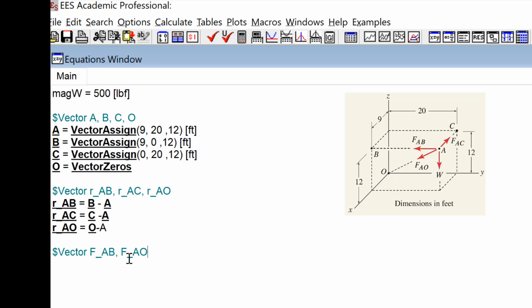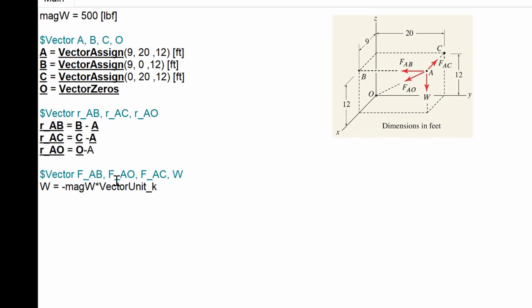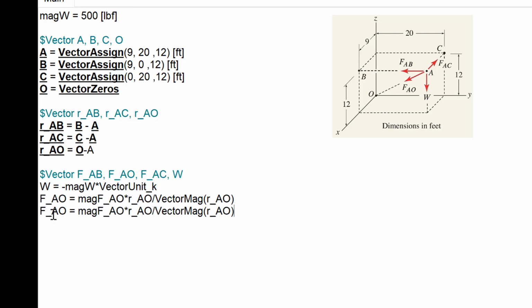So these forces are vectors. W is minus the magnitude of W times the unit vector in the K direction. So that's vector unit K. And then FAO is the magnitude of FAO times the vector RAO divided by its magnitude. So vector mag RAO. And I'll do the same thing for FAB. And then finally the same thing for FAC.